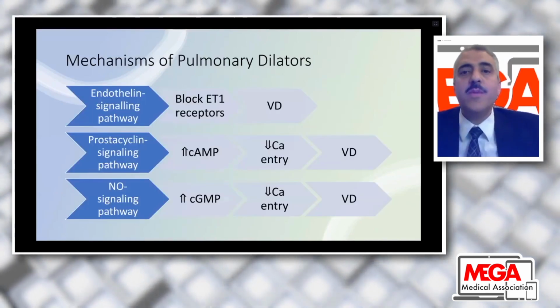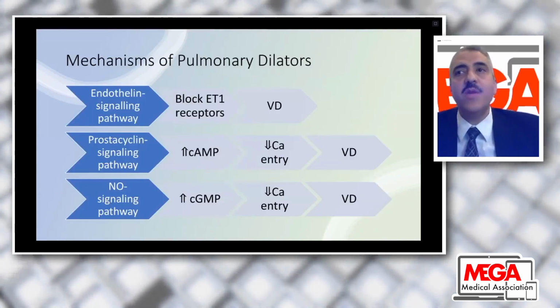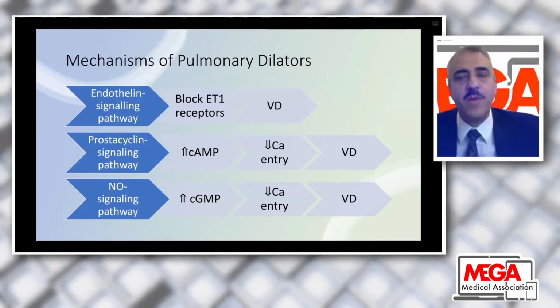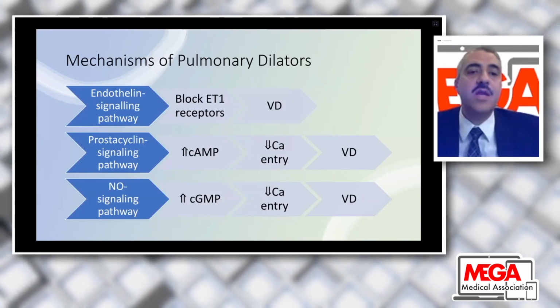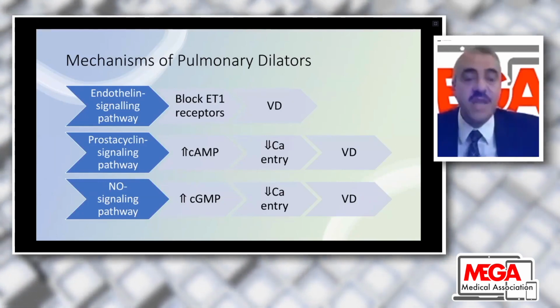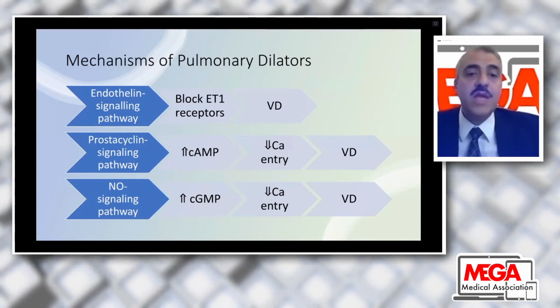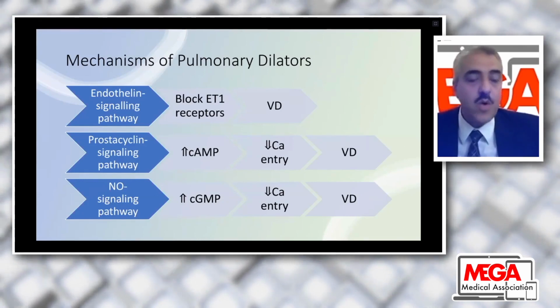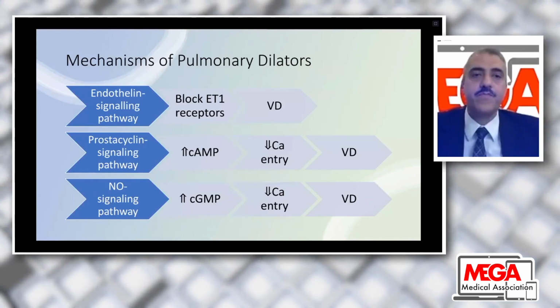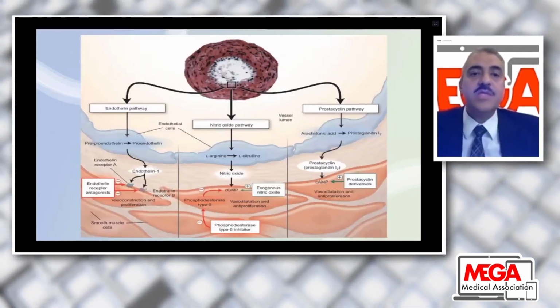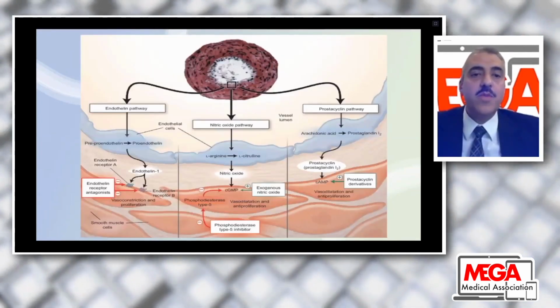Now we need to talk about the pulmonary dilators and the available drugs for pulmonary dilation. Pulmonary dilators act on one of 3 signaling pathways: either the endothelin signaling pathway, or the prostacyclin signaling pathway, or the nitric oxide signaling pathway. Here we can see the endothelin pathway.